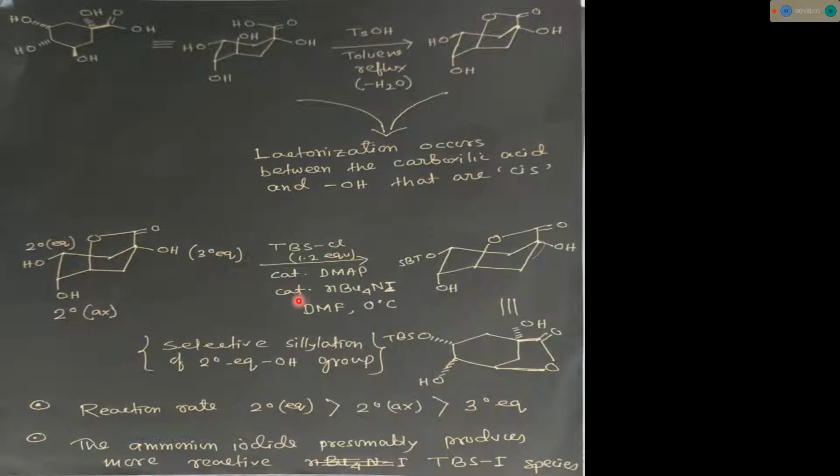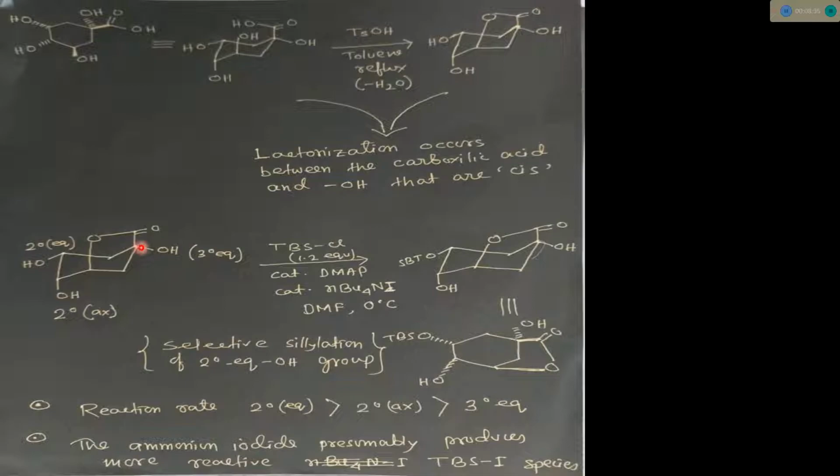If we calculate the rate, then the 2 degree equatorial OH reacts faster, then the axial 2 degree OH, then the equatorial 3 degree OH. So if we use 2 equivalents of TBSCl, then this 2 degree equatorial OH and this 2 degree axial OH react with TBSCl to form di-OTBS. This OH will not react.